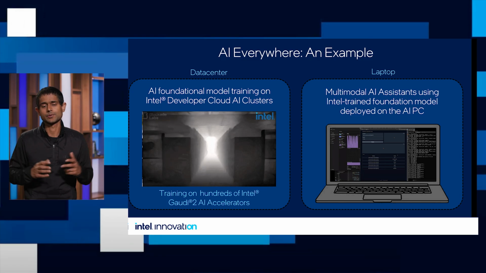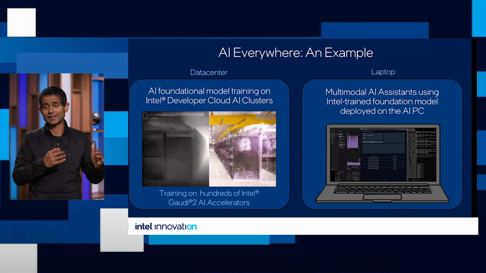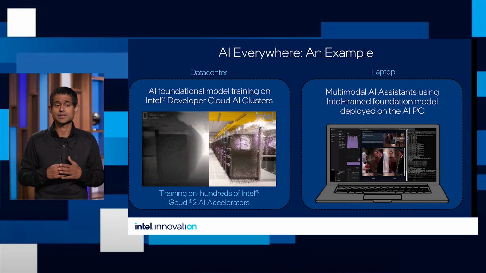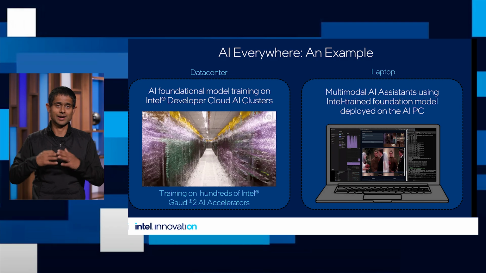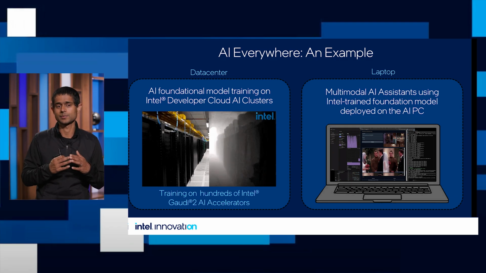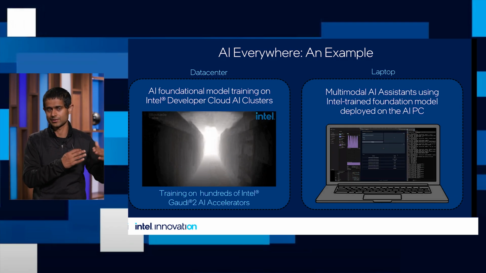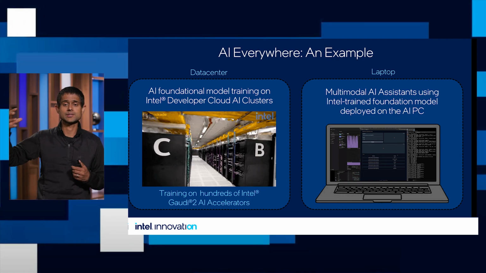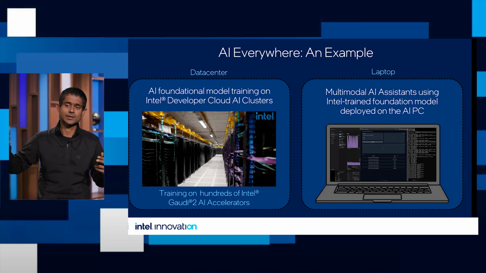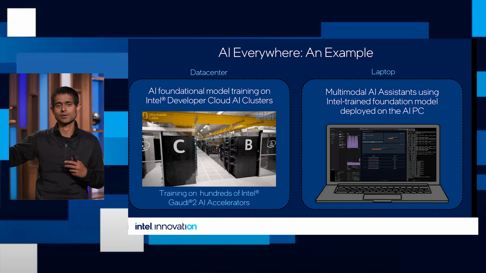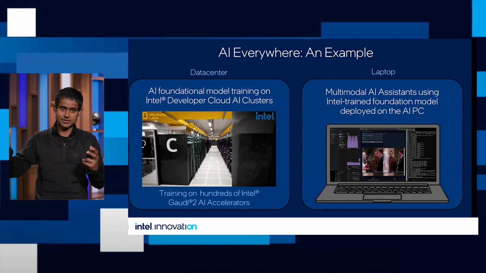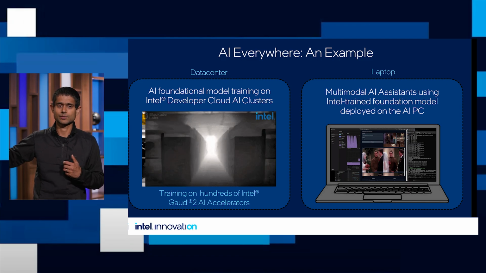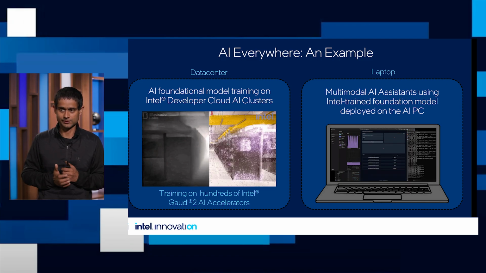And this is one example where using Intel technologies, we can train these foundation models at scale using Intel's data center products, large-scale AI clusters that are powered by Intel Gaudi AI accelerators coupled with Intel Xeon head nodes. But once these models are trained, for mass deployment, we can convert these models using OpenVINO to a form that can be easily run on Intel's AI PC offerings.